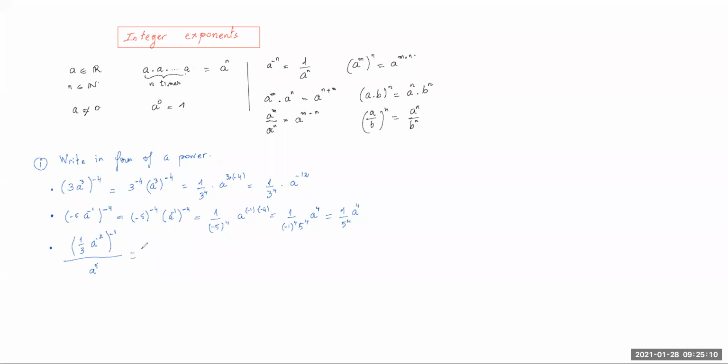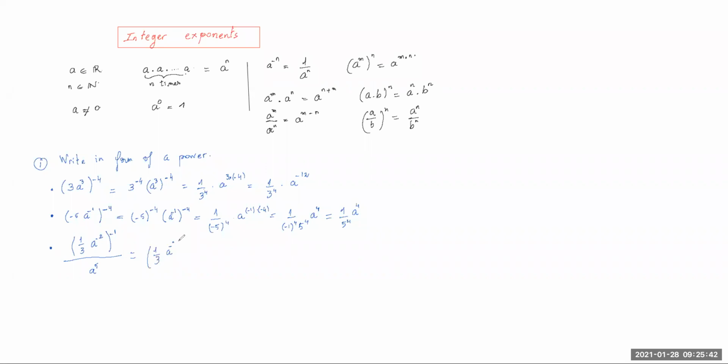Here I can first work on, okay, I have a 1 over 3 in my expression. So there isn't only one way to start to work. Just choose the shortest way and the most comfortable way for you. So it's 1 over 3.